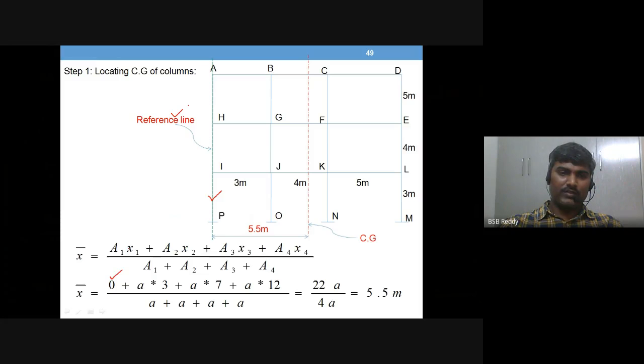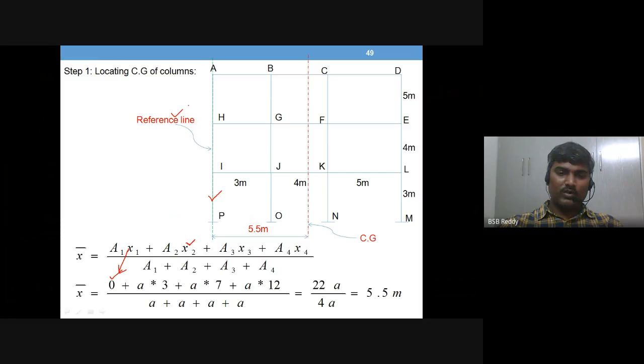That's why the first term is 0. Then the second column, cross-sectional area: assume some value because it is not given. So small a is assumed. The cross-sectional area of all the columns is assumed the same, small a.